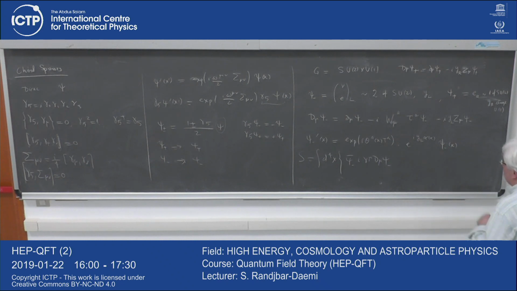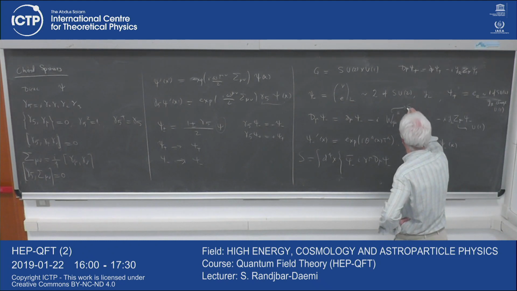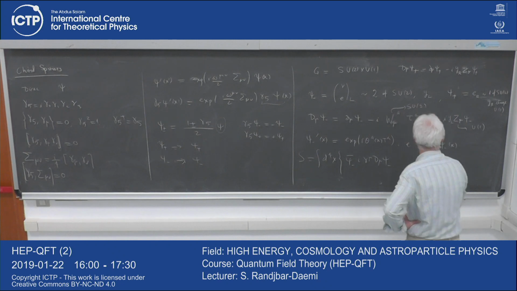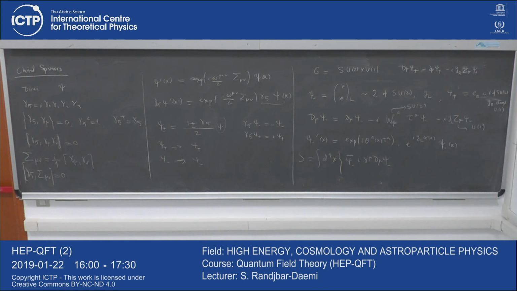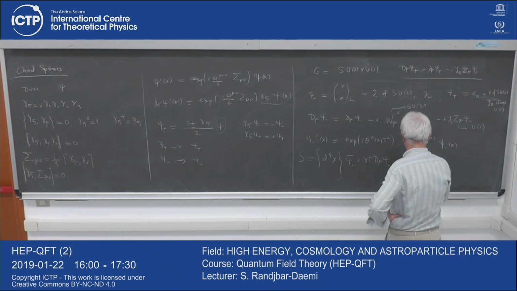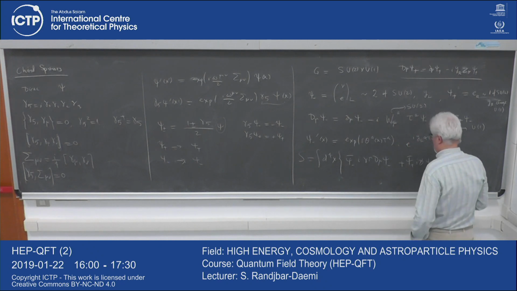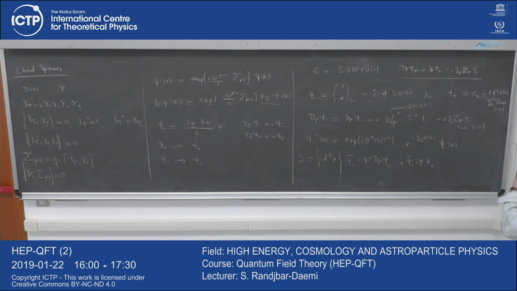It couples to this Z mu. This we denote as U1, and this is SU2. Having constructed the covariant derivative, then you can write down the kinetic energy term for that.